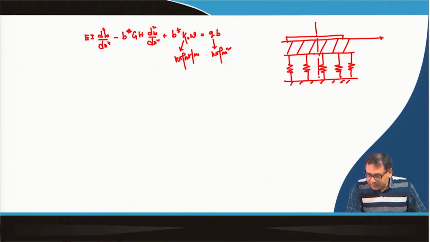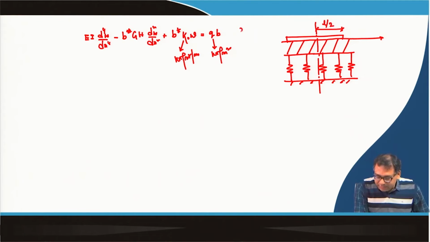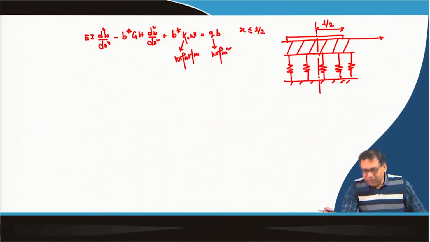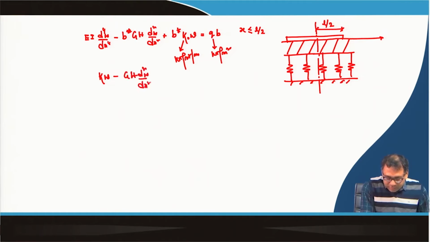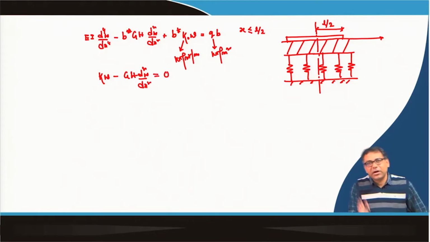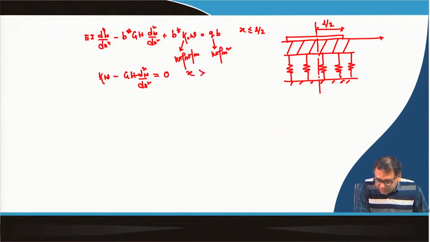So, now if this is your symmetry, this is equal to L by 2. This equation is valid if x is less than or equal to L by 2, and beyond the loaded region, beyond the beam region, your equation will be k into w minus G h d square w dx square, which is the equation of a Pasternak model, because q is equal to 0 as we are not applying any load. So, this equation is valid if x is greater than L by 2.